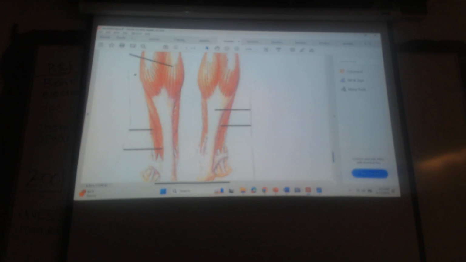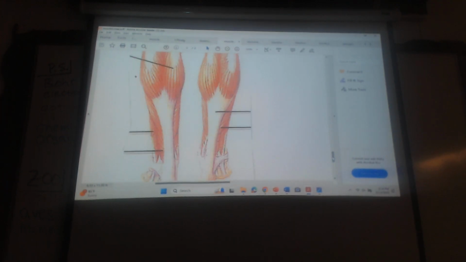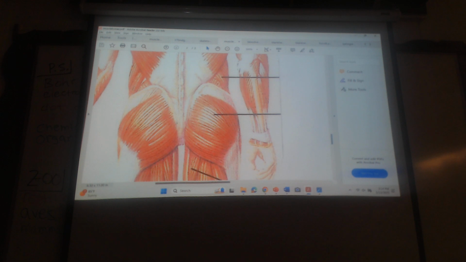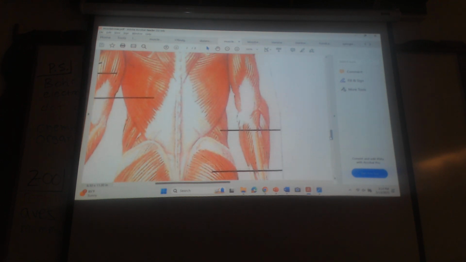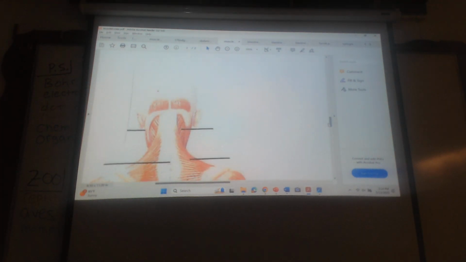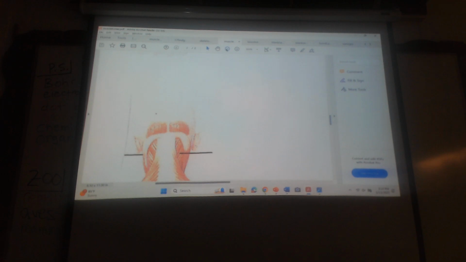So if this is the soleus, which it is, this one is your gastrocnemius, which some people call the calf muscle, which we don't accept that here. We want to say gastrocnemius. And then part of your glutes right here, there's actually a gluteus medius, but you can't see that from the surface.